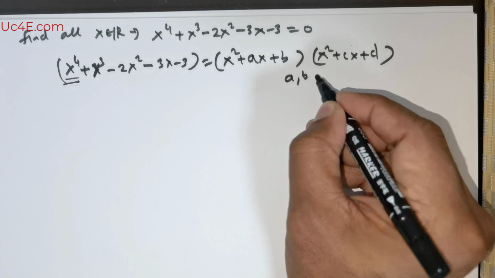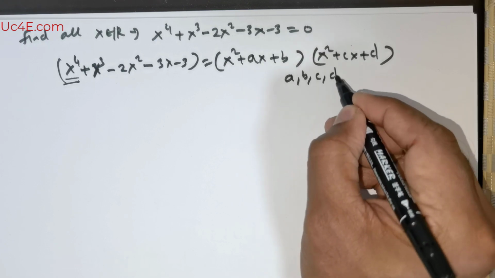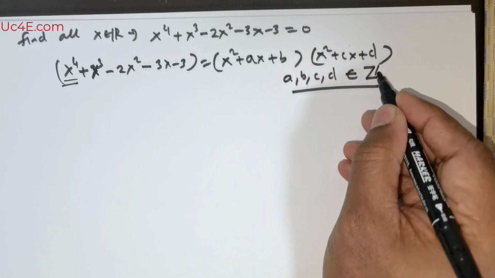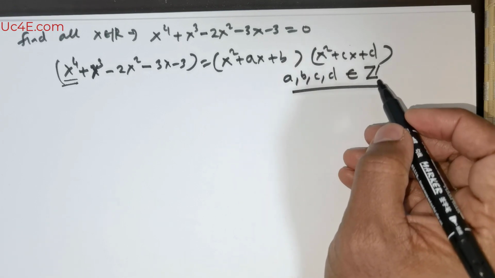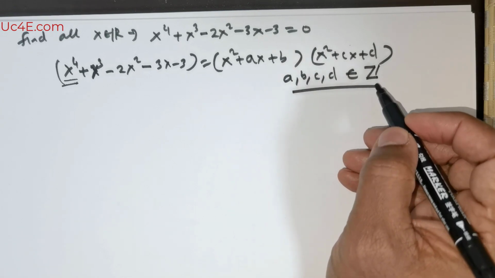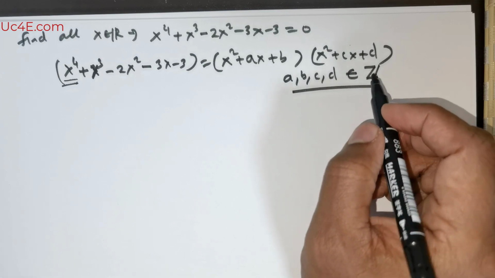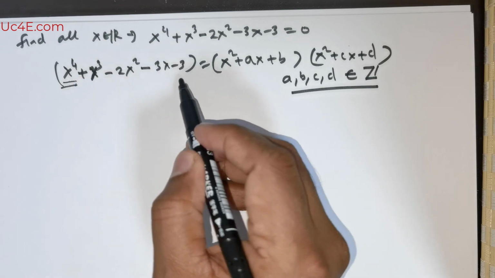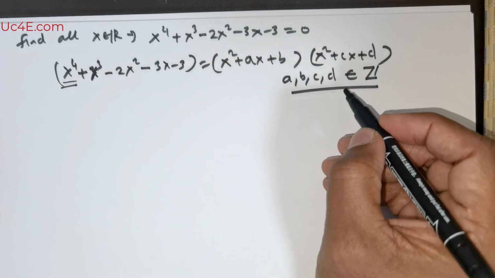Also, the values that a, b, c and d can take should be elements of Z. This is an important requirement for writing the quartic equation as a product of two quadratic equations.